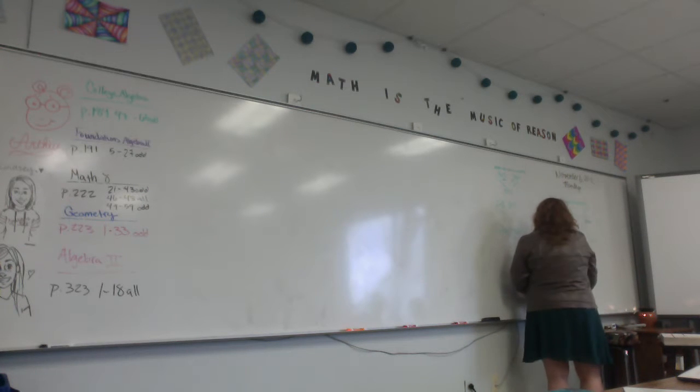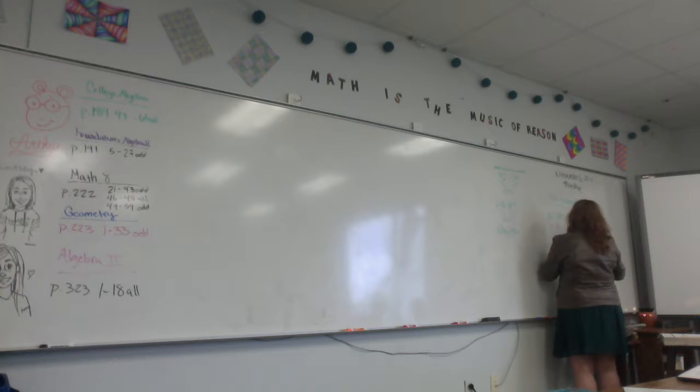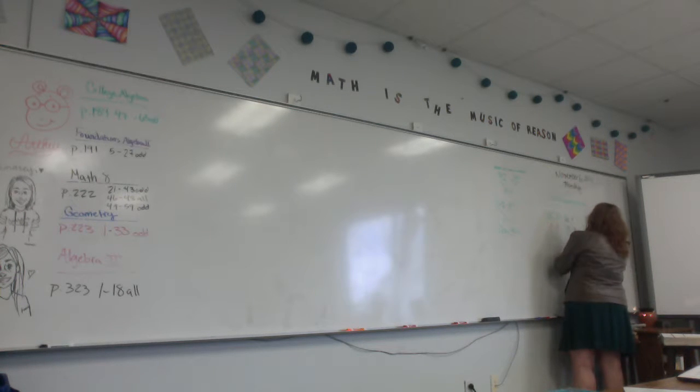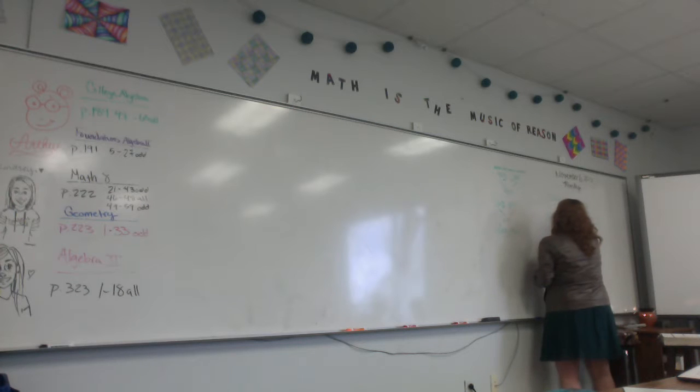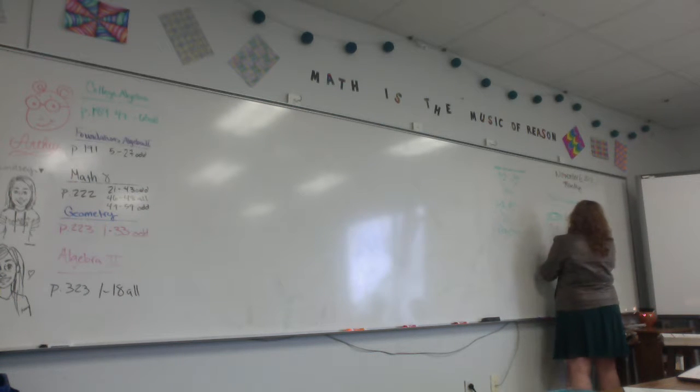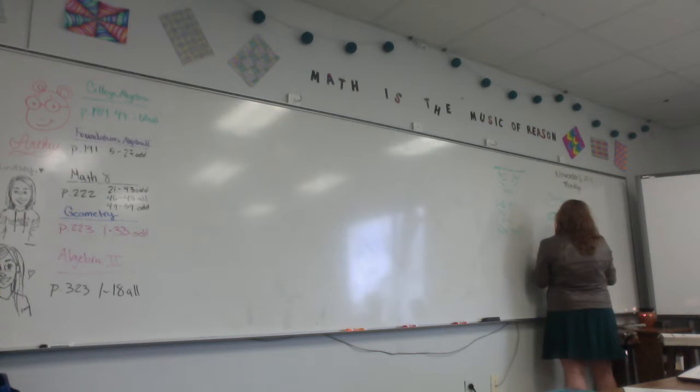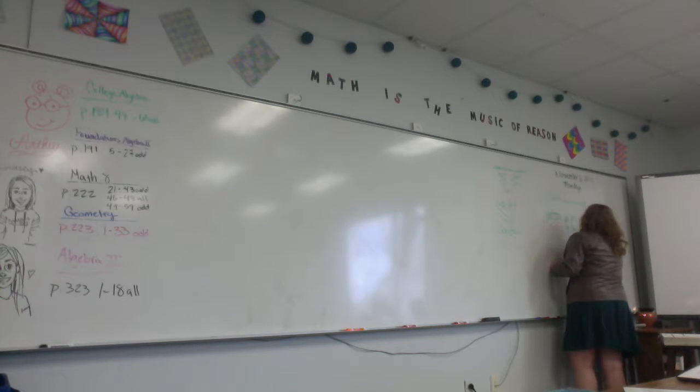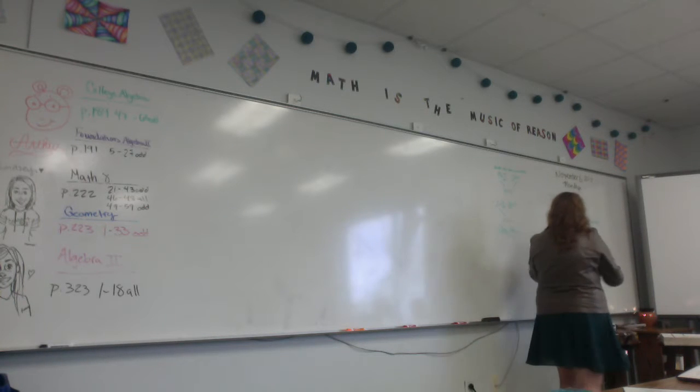To get this second spot, I'm going to take this row again, but I'm going to multiply it by this column. So you have A times F plus B times H.